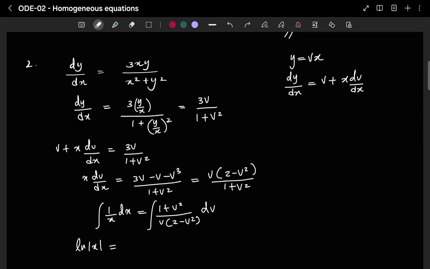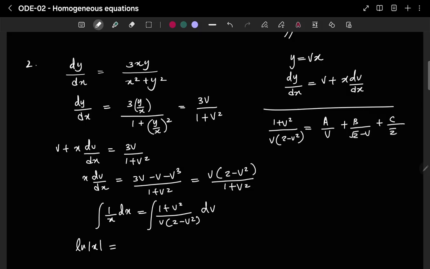How do we do partial fractions? We have (1 plus v squared) over v(2 minus v squared). We can do it like this: a over v plus b over, so we can further simplify this part like root 2 minus v, and c over root 2 plus v.